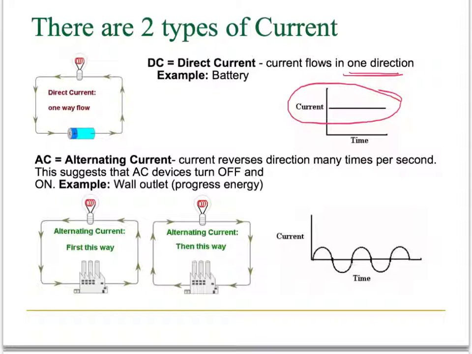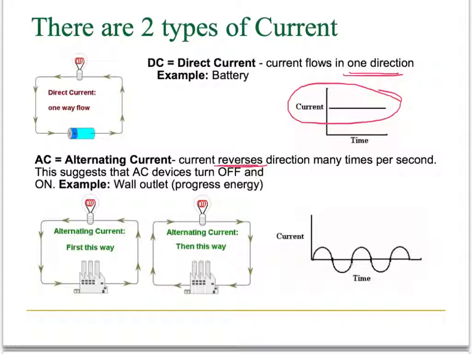The other type is the alternating current, or AC. The main difference, if you are to compare AC from DC, is the manner by which the electricity moves. In AC, the current reverses direction many times per second, meaning AC devices turn off and on. An example is a wall outlet.